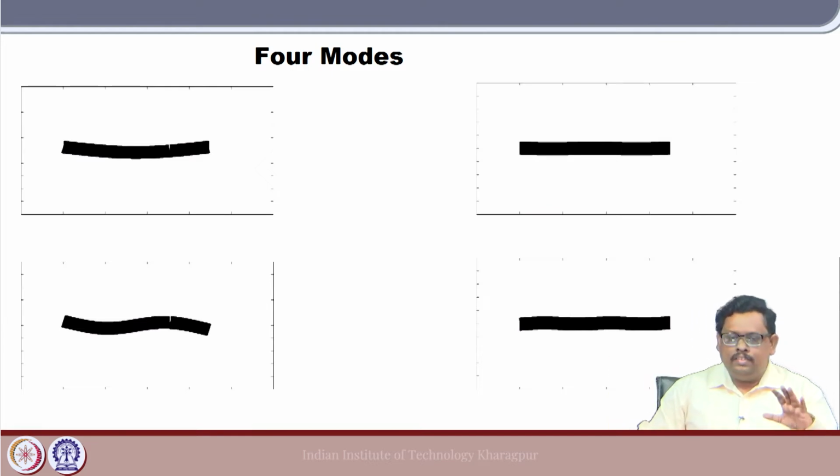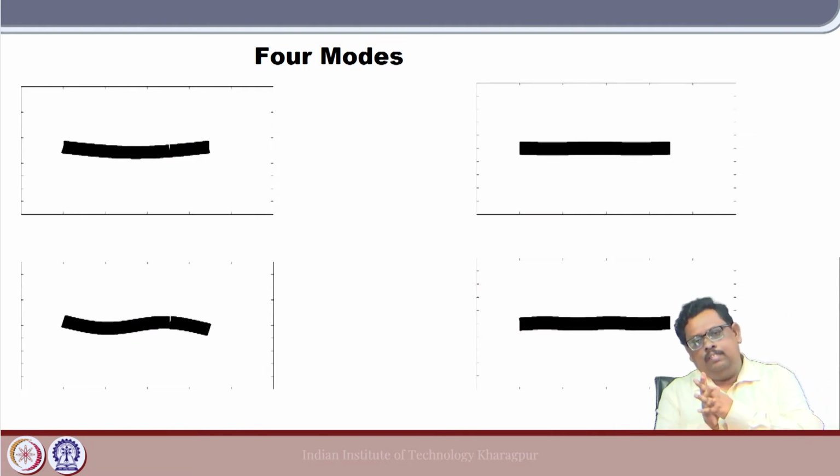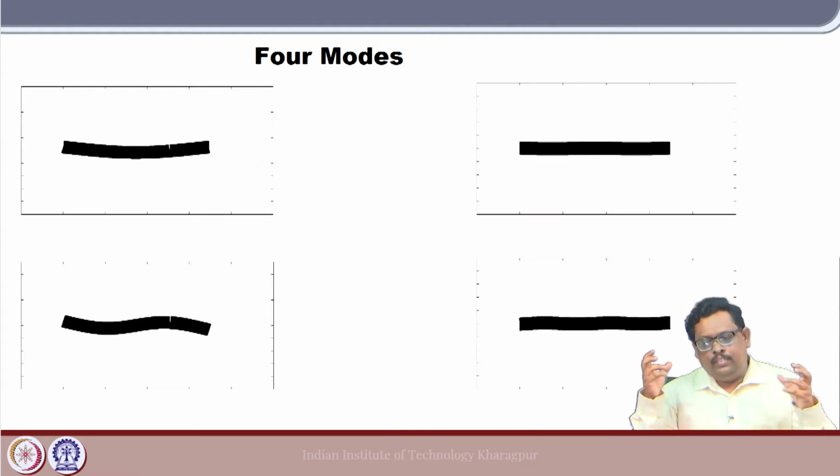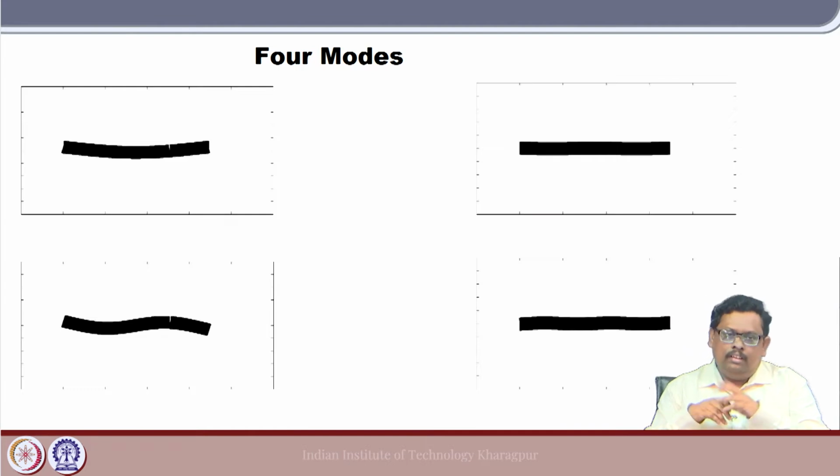This is the major difference between the rigid body and the flexible body. In a rigid body it is a finite number of modes, but a flexible body can oscillate in infinite ways.